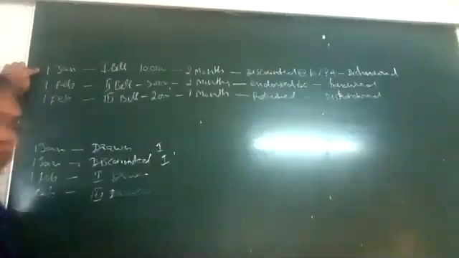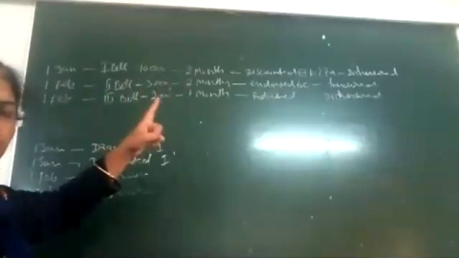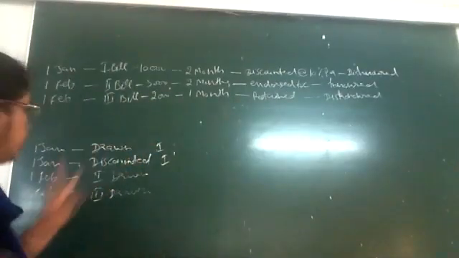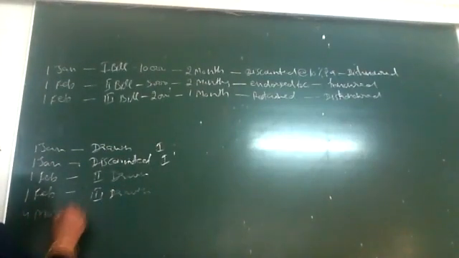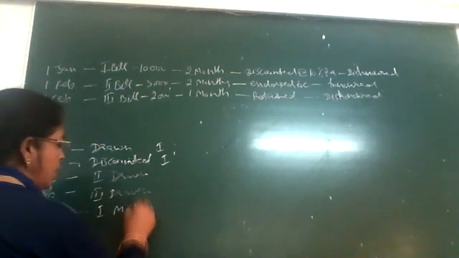The January bill was for 2 months, so January to February, February to March, plus 3 days of grace. What is the maturity date? 4th of March is the first bill's maturity date.